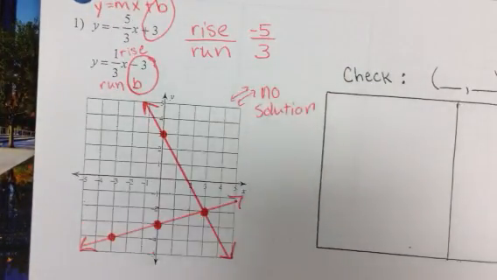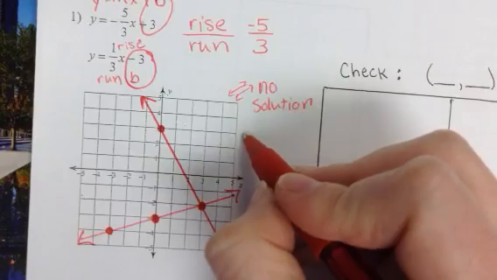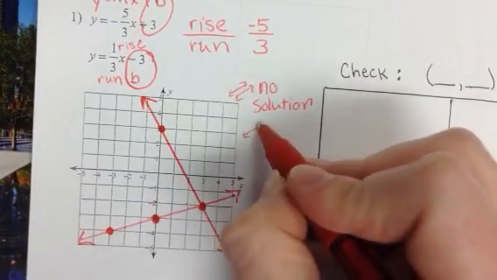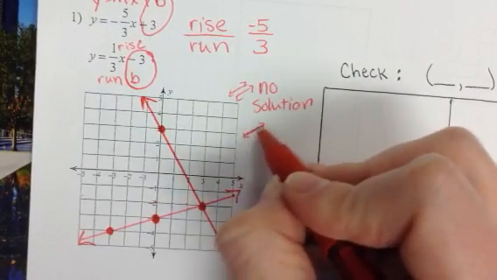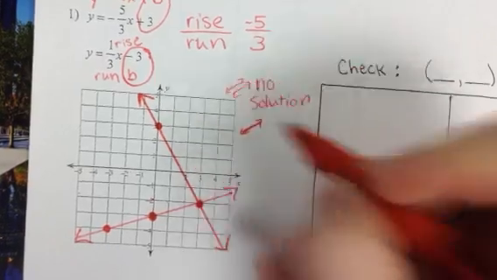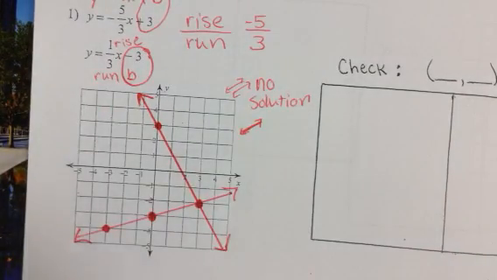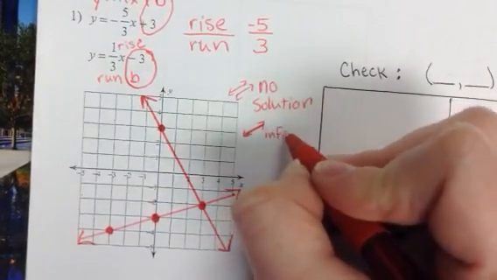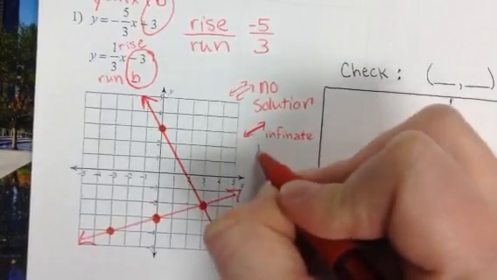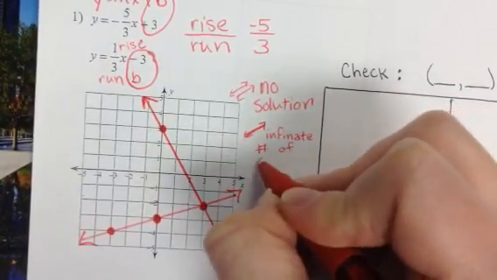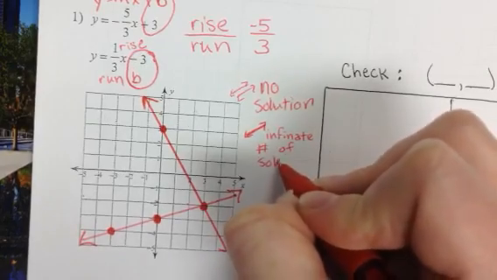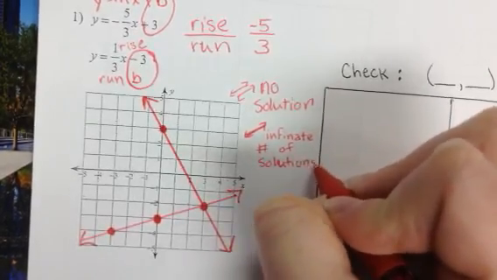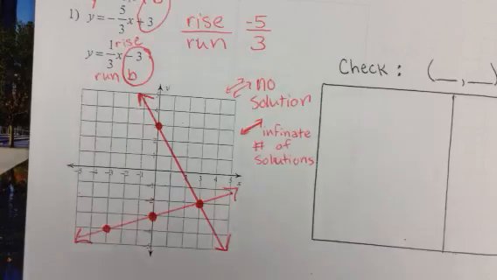If you end up with a graph that was a line, and then the next line was the exact same equation, so you end up with like a line on top of itself. We had one in the notes already today that was infinite number of solutions.